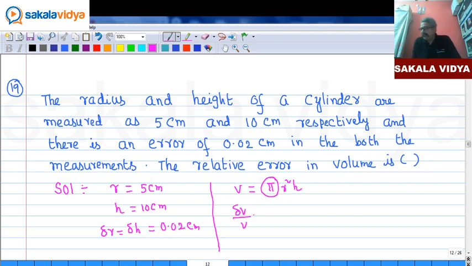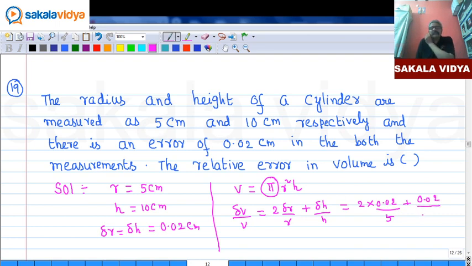If you multiply with 100, you get the percentage error. That is equal to the dimension of r is 2 times delta r by r plus the dimension of h is 1, just write down delta h by h. This equals 2 into delta r, 0.02, by radius r 5, plus here delta h is 0.02 by we have h 10.